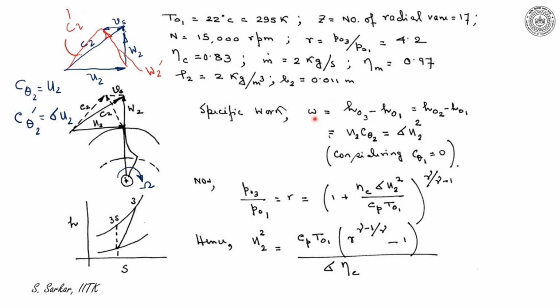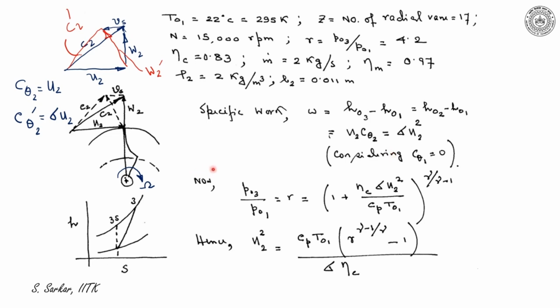Thereby, small w, the specific work, is equal to h03 minus h01 is equal to h02 minus h01, where h02 minus h01 must be equal to U2 into C theta 2, C theta 1 being 0 for radial flow machine. Now I have told C theta 2 would be equal to sigma into U2. So small w would be equal to sigma into U2 square.